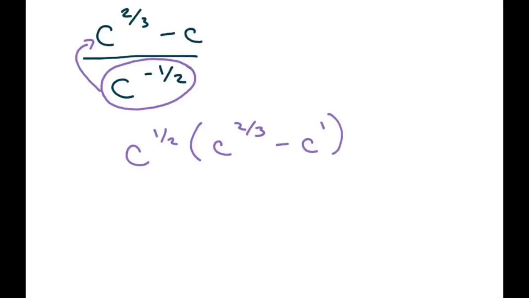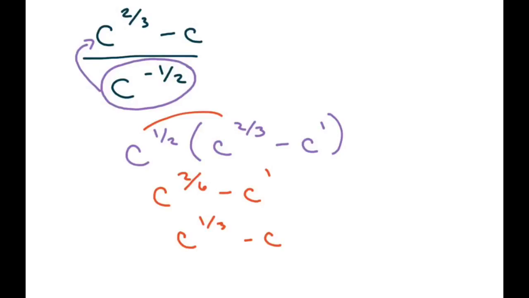Now go ahead and distribute, and you get c, and you're using your power property. That's going to be 2 over 6 minus c to the 1st power, which basically equals c to the 1/3 minus c.